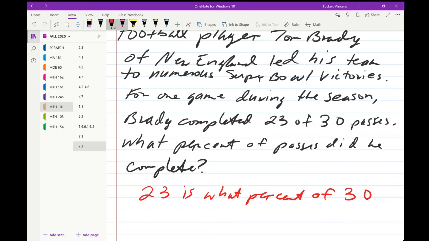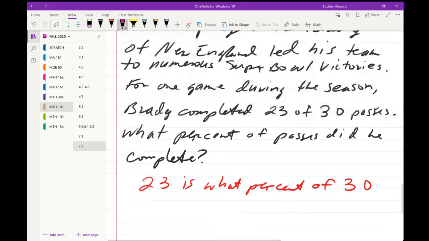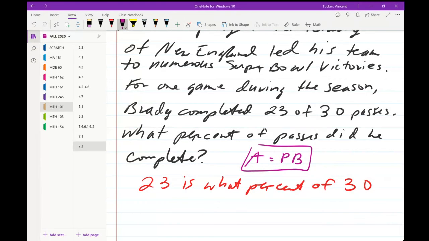And going off of what we talked about last class, another way you can look at it: amount is equal to your percent times your base. Any form of that will always be the case.